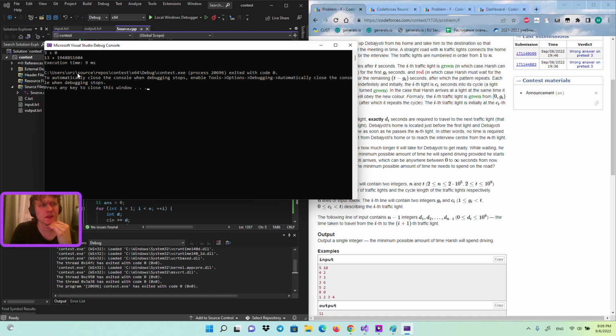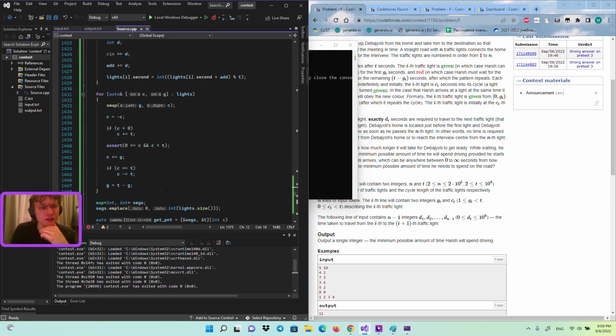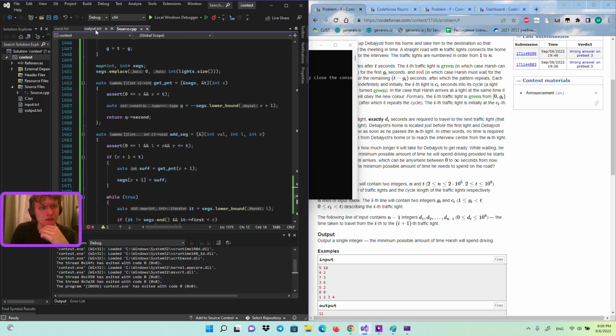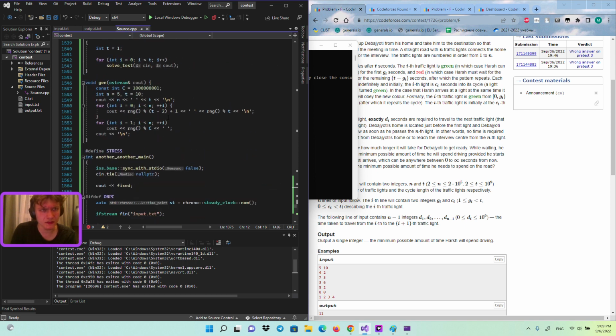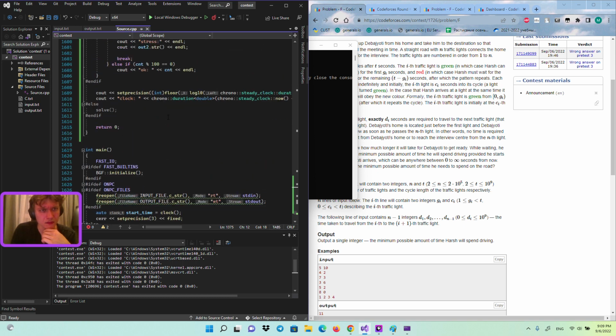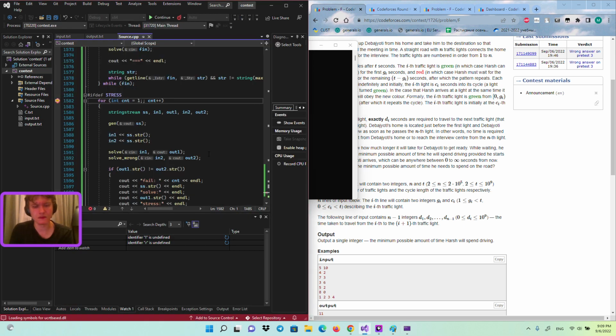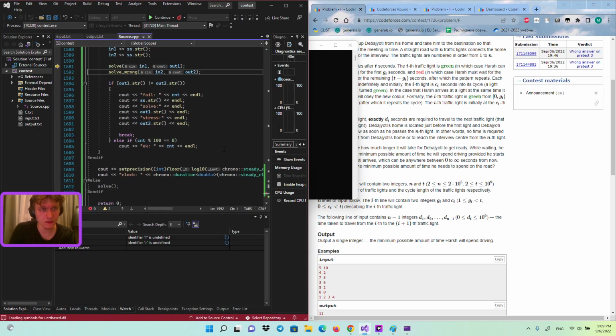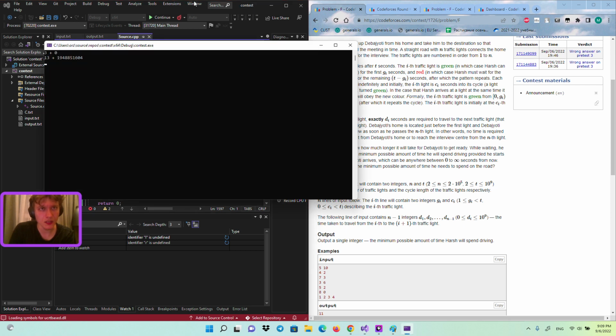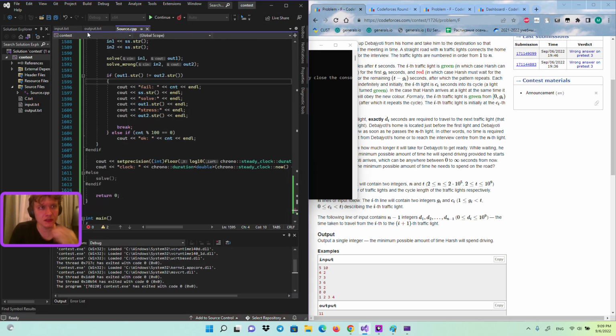What is it? 3 plus 0? What is this plus 0? This is in the output.